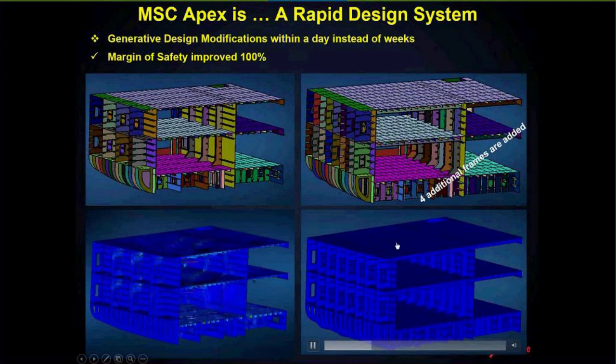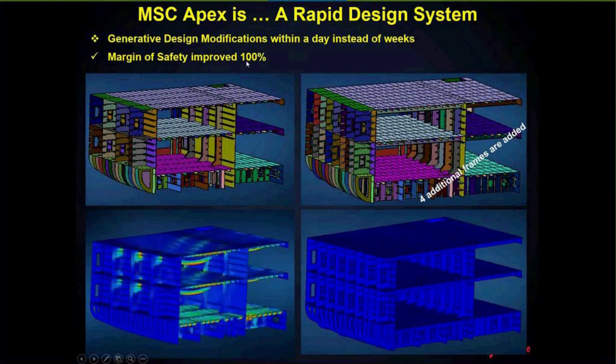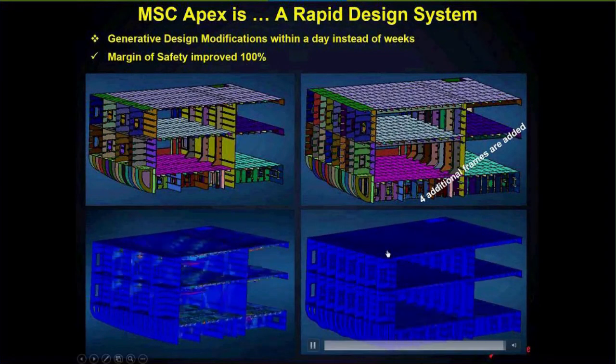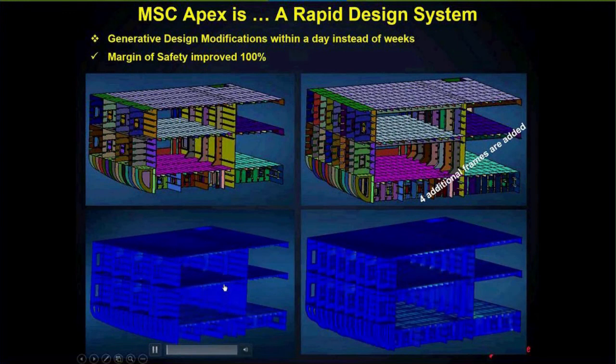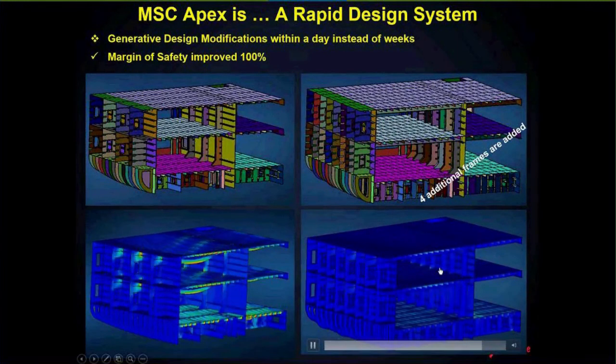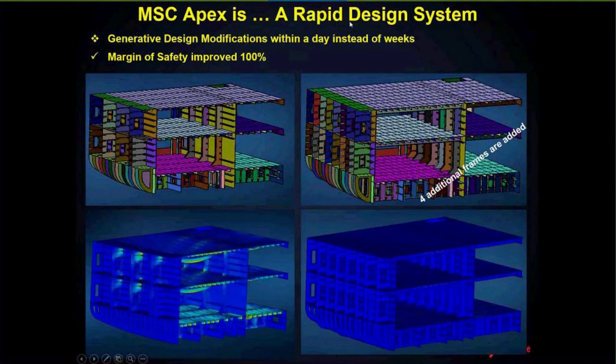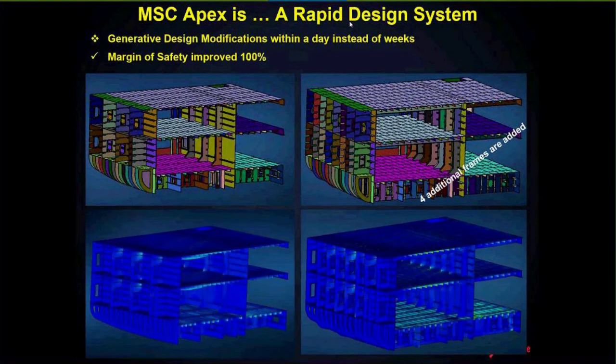And in this example, we were able to improve by an order of magnitude, 100%. Basically now in the modified design, we have about half the displacement of what you saw here. And as you can see here, even the stress distribution is more uniform compared to what you see in the original model. And this is what we call the rapid design improvements that Apex facilitates.